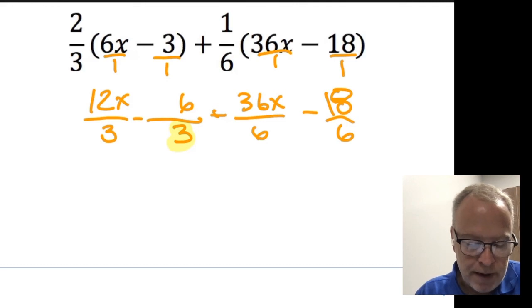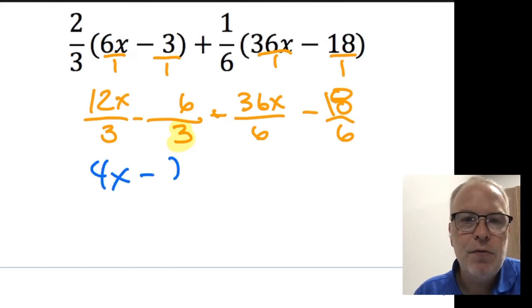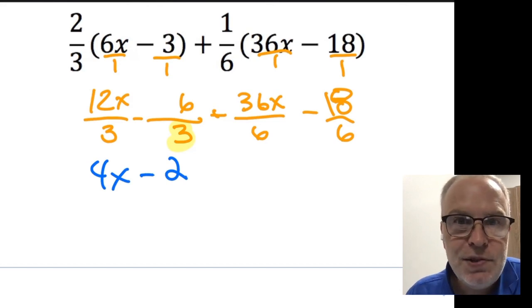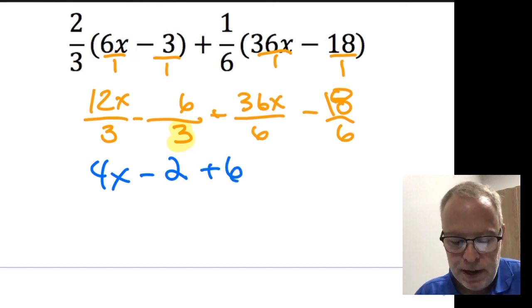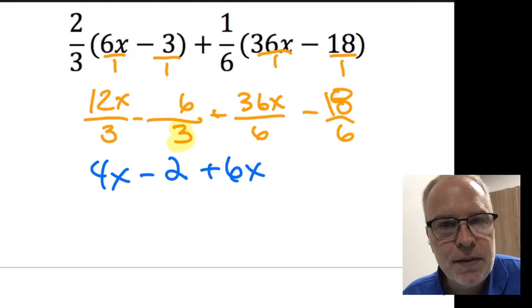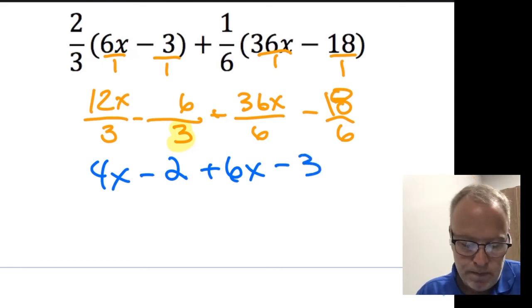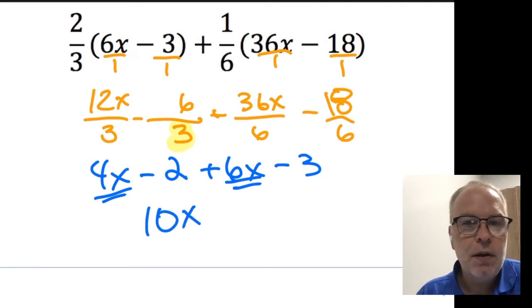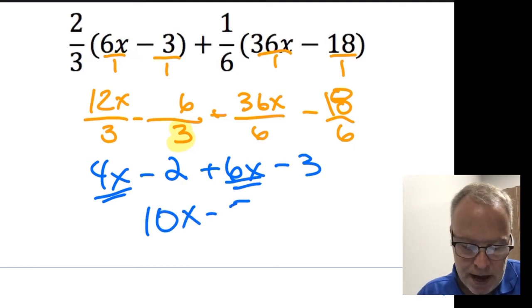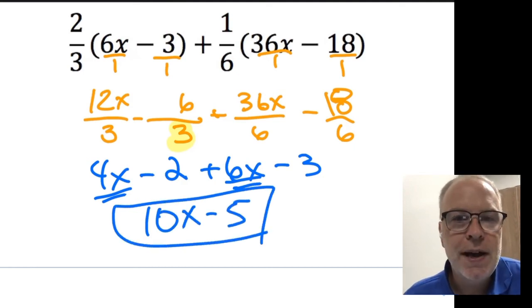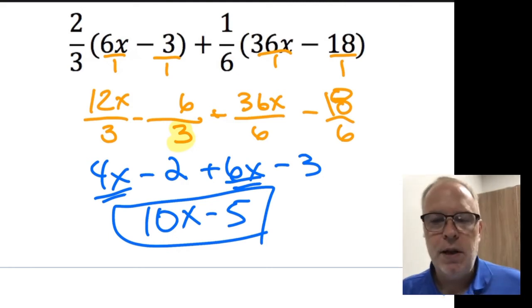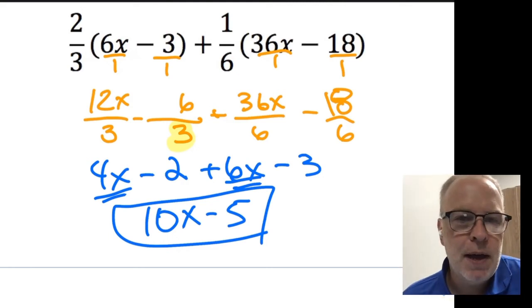All of these simplify. 12 divided by 3 is 4. 6 divided by 3 is 2. 36 divided by 6 is 6. And 18 divided by 6 is 3. I now combine the like terms, and I get 10x minus 5. So I didn't need to do the whole common denominator there. It worked out beautifully without having to do that.